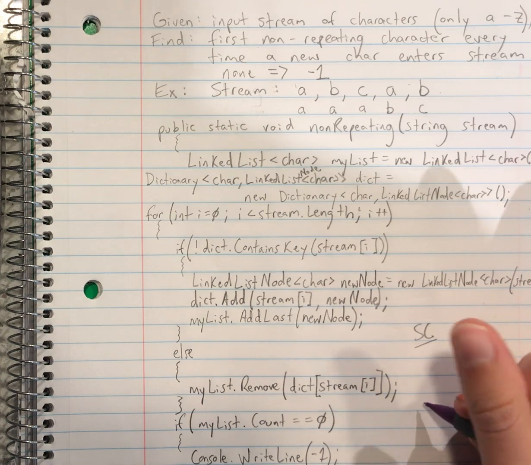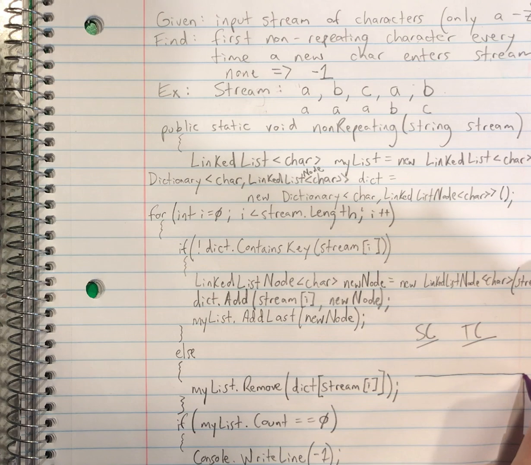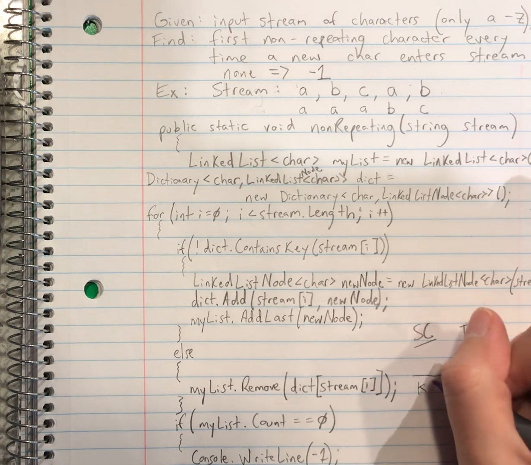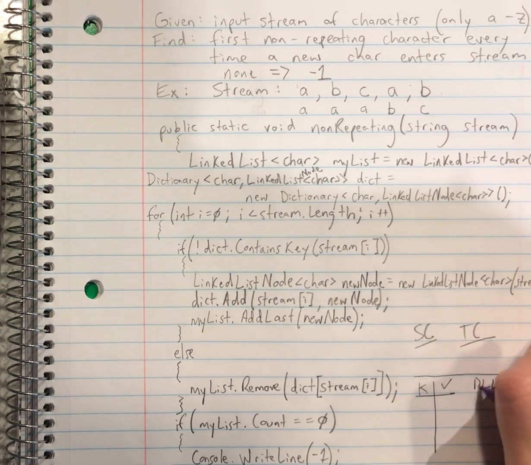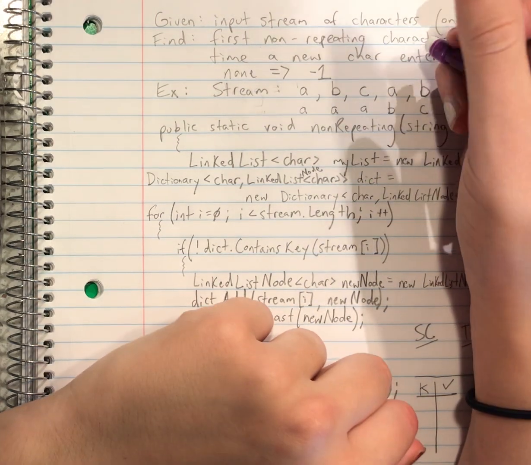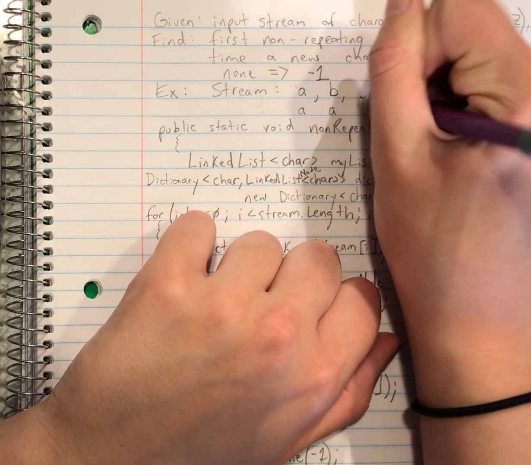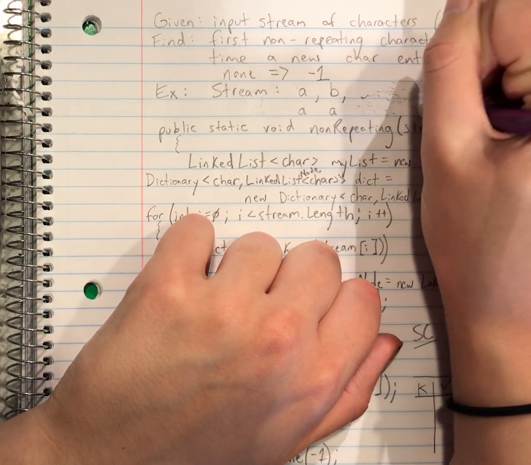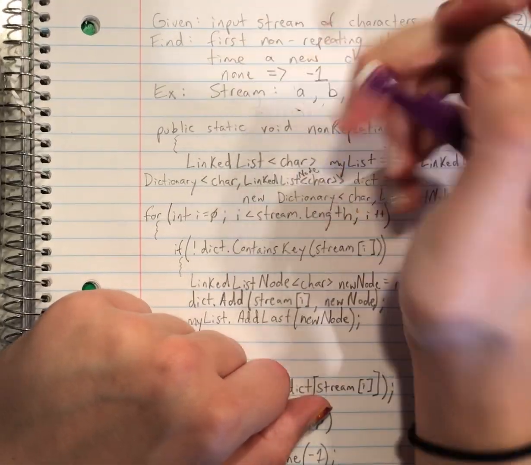So I'll set up a key value and also a linked list, DLL. Right, so let's say our input stream is ABA for the sake of the time of this video.